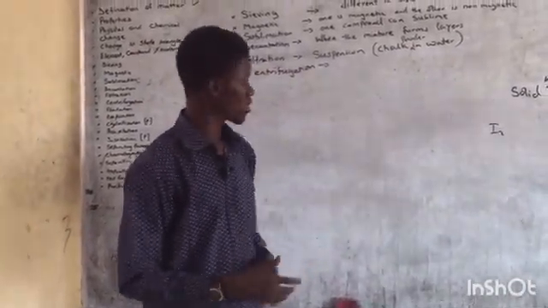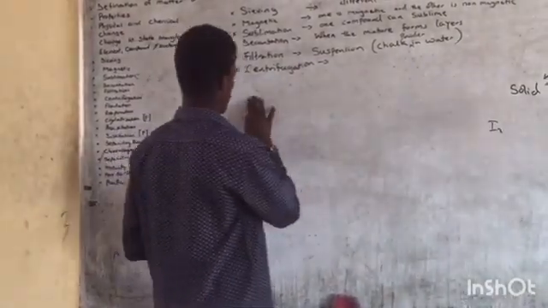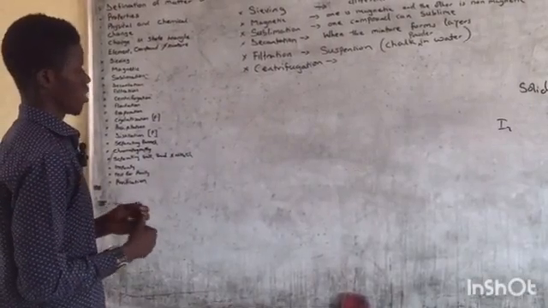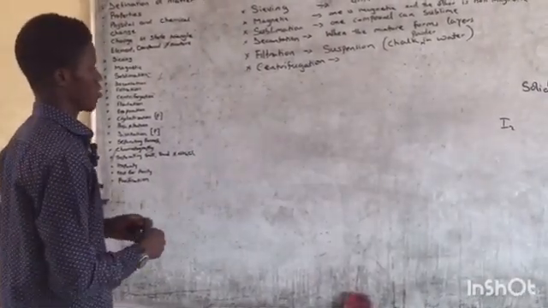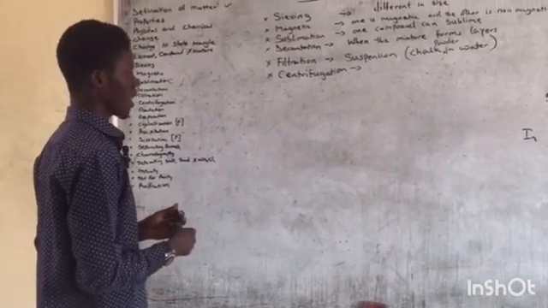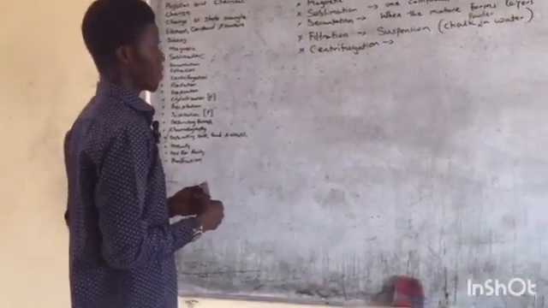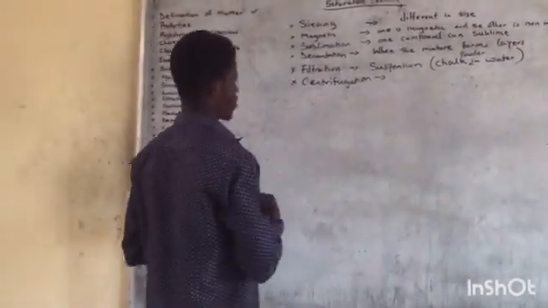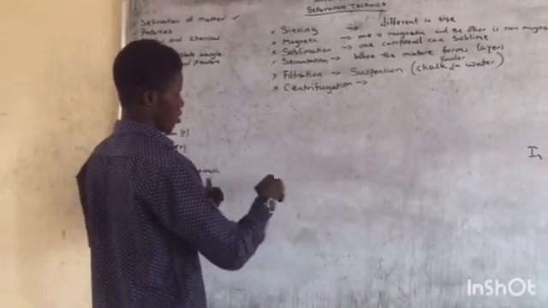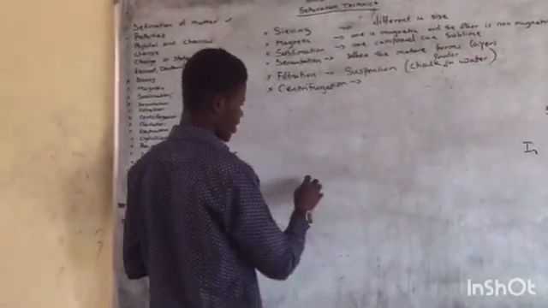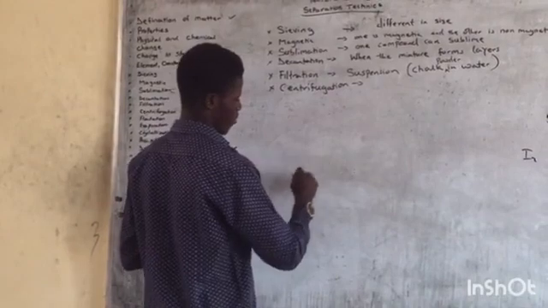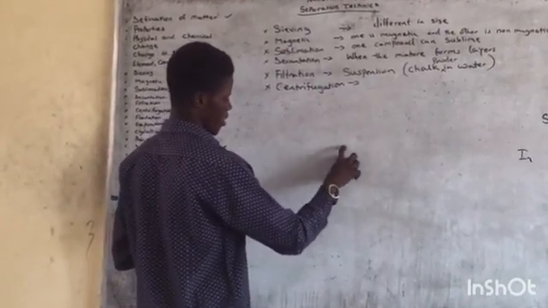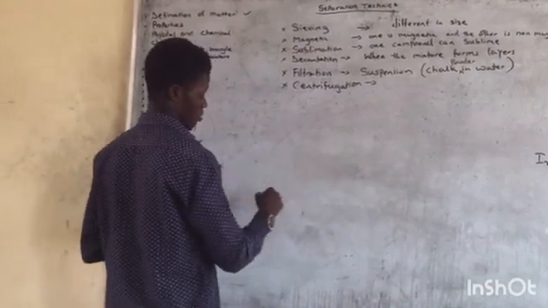That's very common in hospitals for separating blood contents: the plasma, the red blood cells, the white blood cells and the platelets. You see your plasma at the top, the white blood cells and platelets in the middle, while the red blood cells, the bigger ones, are at the bottom.